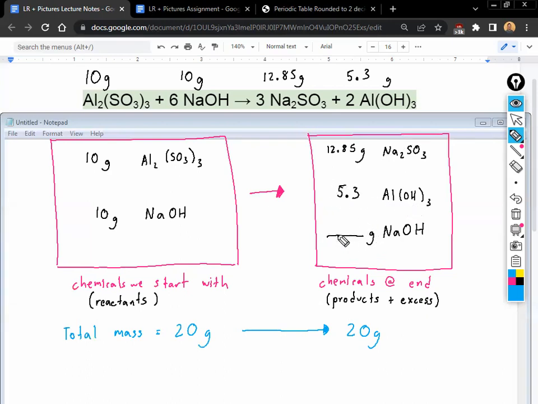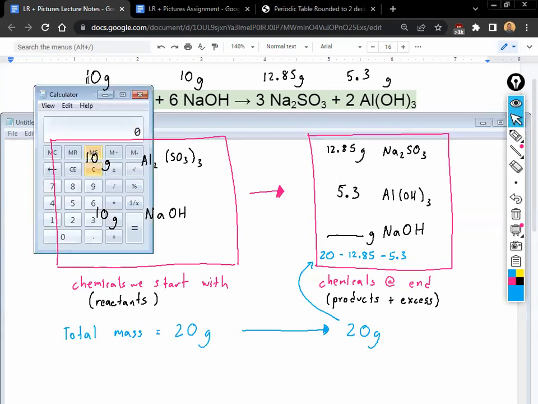And so if we want to find out the mass of NaOH, all we need to do is take the total mass, 20, right here, and we're just going to subtract the chemicals we already know the answers for. So we're going to subtract 12.85, we're going to subtract 5.3, and that's going to give us the mass of NaOH we have left over.